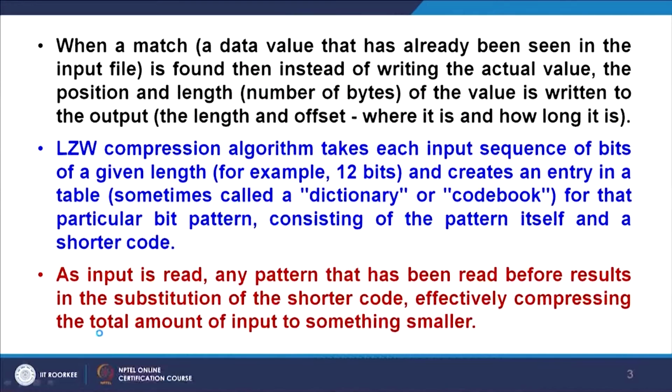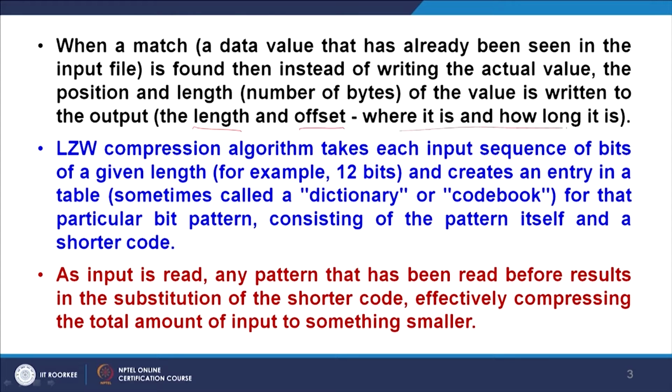Sometimes if a big file has to be transmitted through the internet, even if it is a text file, we look for some compression so that it can easily be transferred from one place to another. When a match or data value that has already been seen in the input file is found, then instead of writing the actual value, the position and length are written as different codings, like in our run length code, where the value is written to the output along with the length and offset.